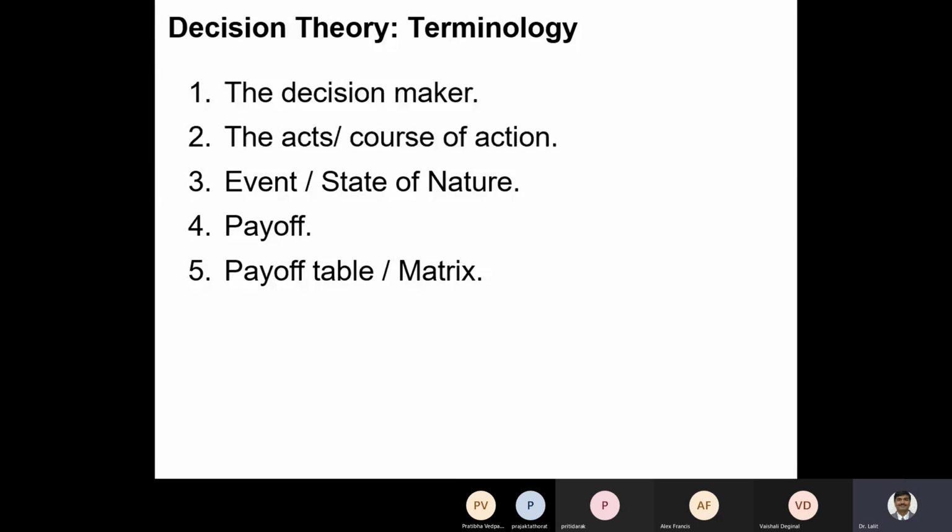Events are also called as states of nature or outcomes. Okay. Now, the set of events constitute mutually exclusive and collectively exhaustive set of outcomes. For example, in our case, types of economy, whether it is fast growing, moderately growing, or negative, then these are three possible outcomes. Economy cannot be fast growing as well as moderately growing simultaneously.